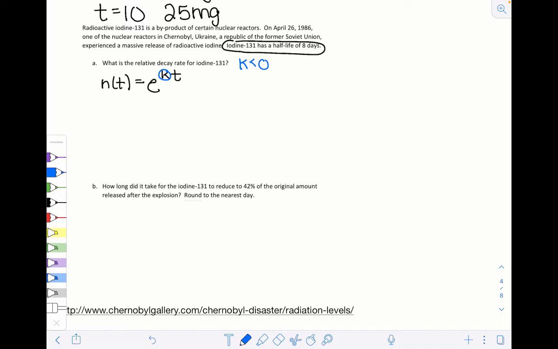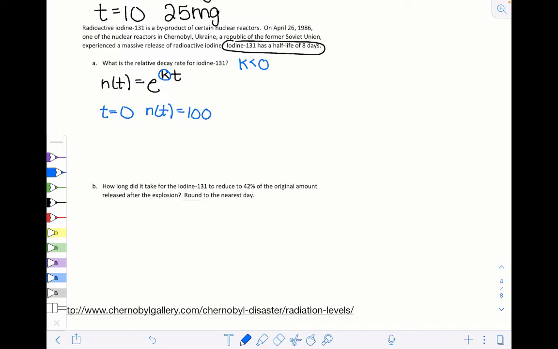So to define the decay rate, we actually don't need to know any values because we can really plug in any numbers for the amounts using the half-life, and we'll get the correct decay rate. So what I mean by that is, let's say when t is equal to 0, N of t is, this is where I'm just picking a value, 100.